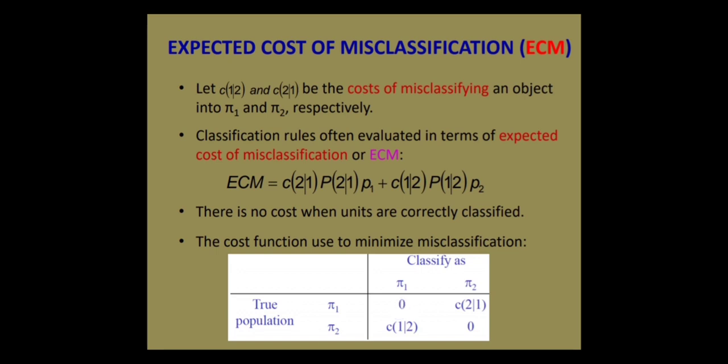Right here, classify as pi 2, but actually it comes from pi 1, so kita akan ada value cost of misclassification. Okay, and so on, sama juga dengan yang lain. Okay, itu untuk ECM. This formula you need to memorize.